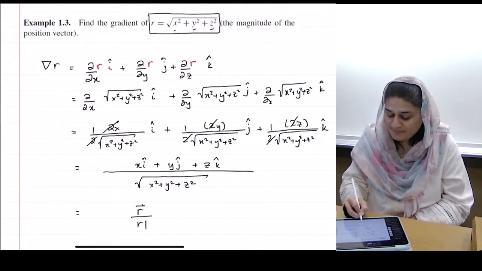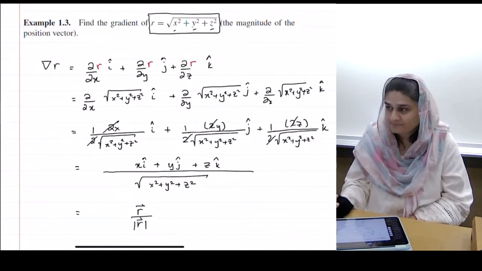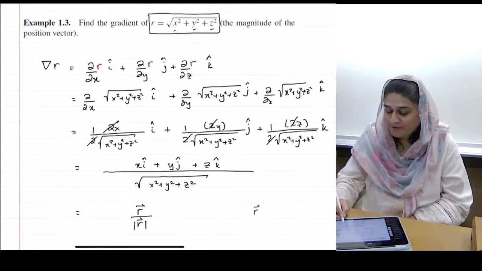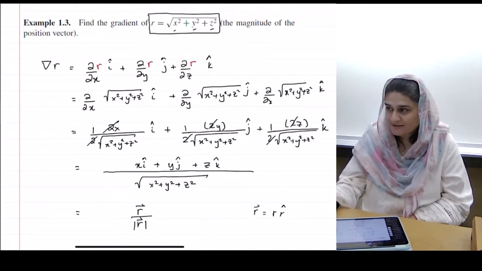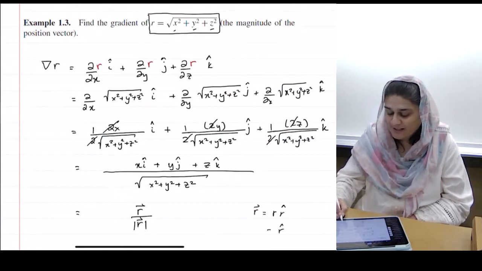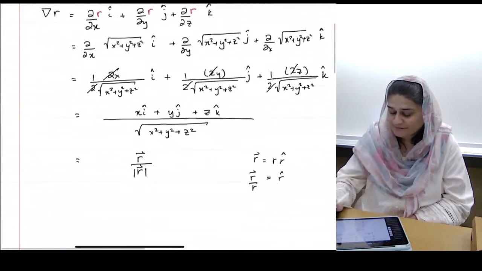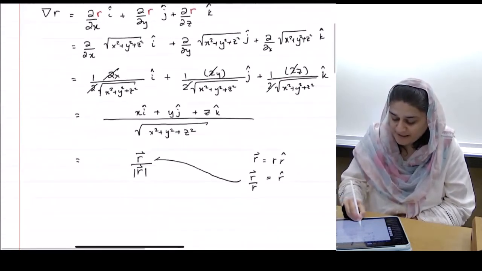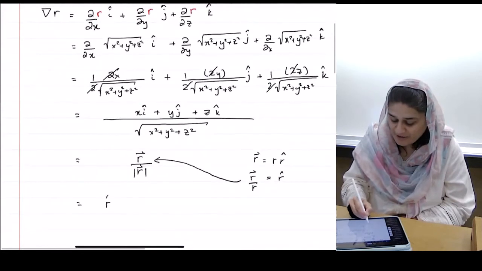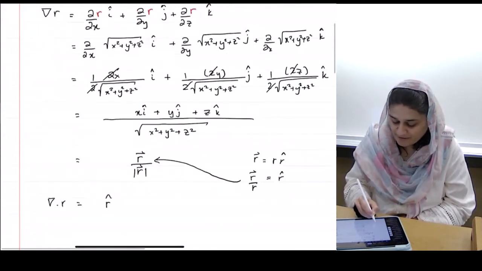And is this the magnitude of r? And I know r can be written as that. So r hat can be written as r over its magnitude. May I rewrite that as the unit vector r?